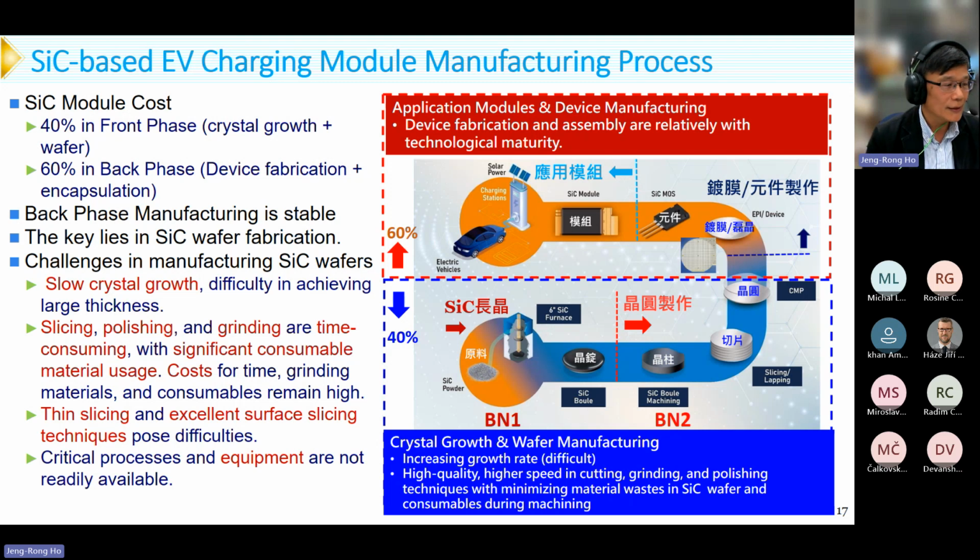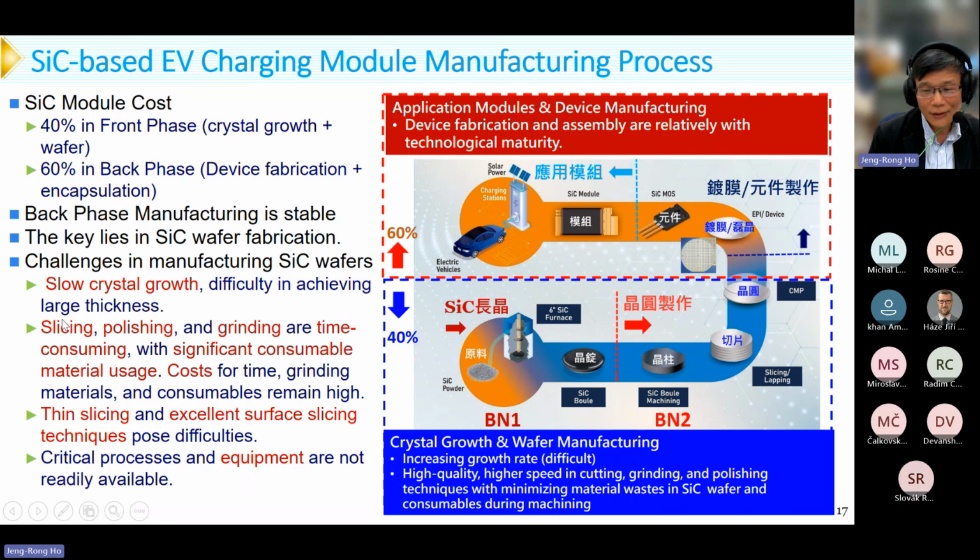So the key lies in silicon carbide wafer fabrication. And why does wafer fabrication present challenges? First of all, the crystal growth rate is very slow, and it's very difficult to achieve large thickness.